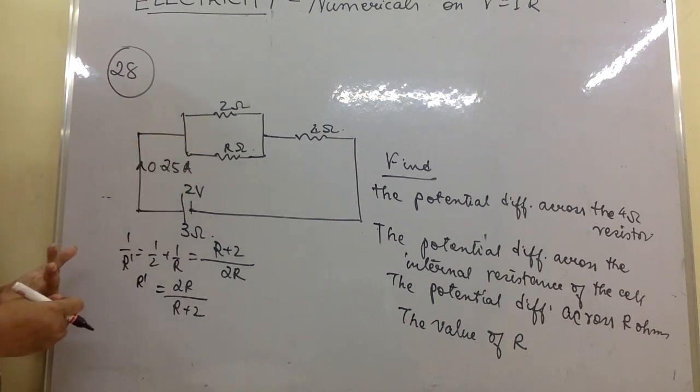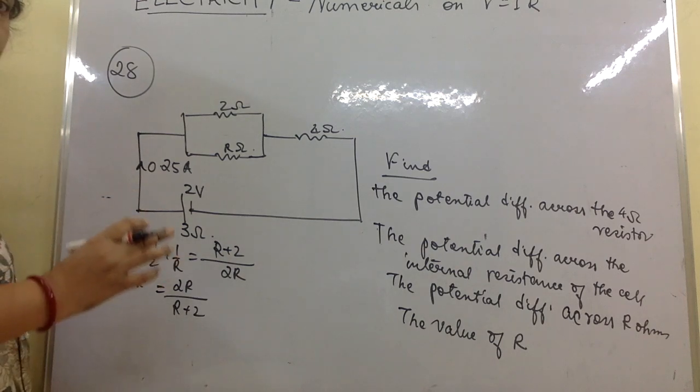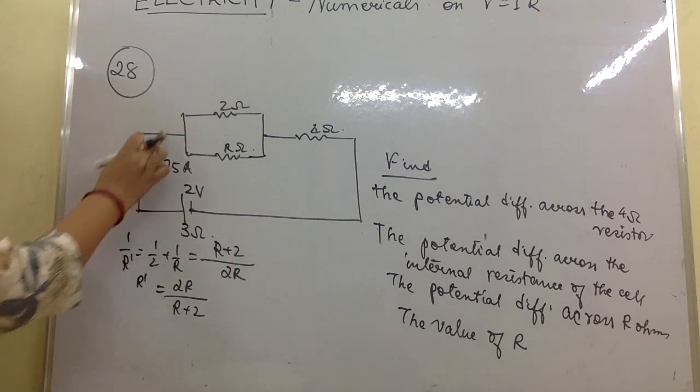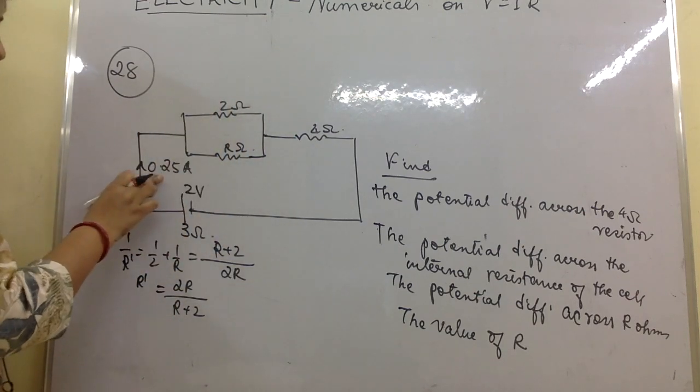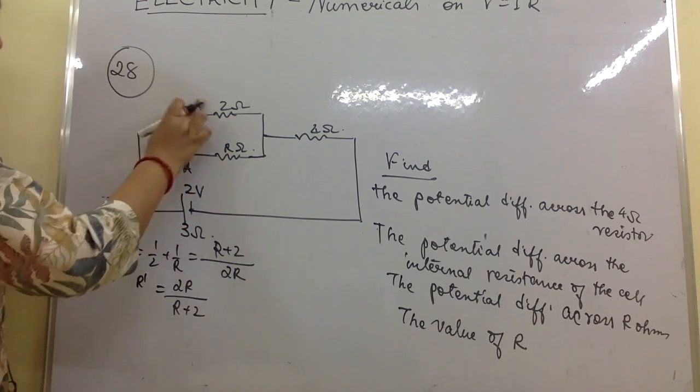Now one thing, since we know the current, which is passing through this combination, it is 0.25 only. Total current is 0.25.